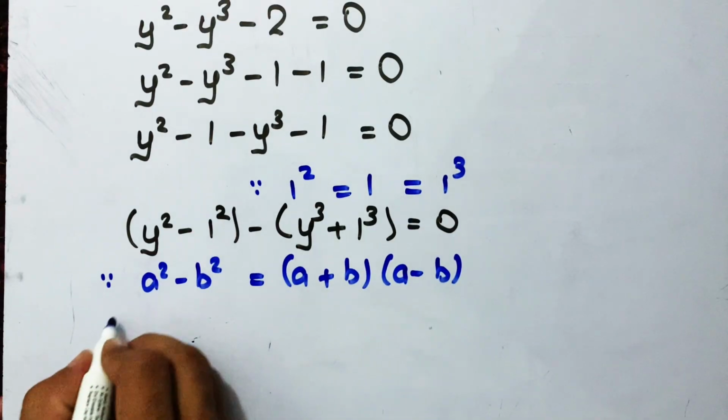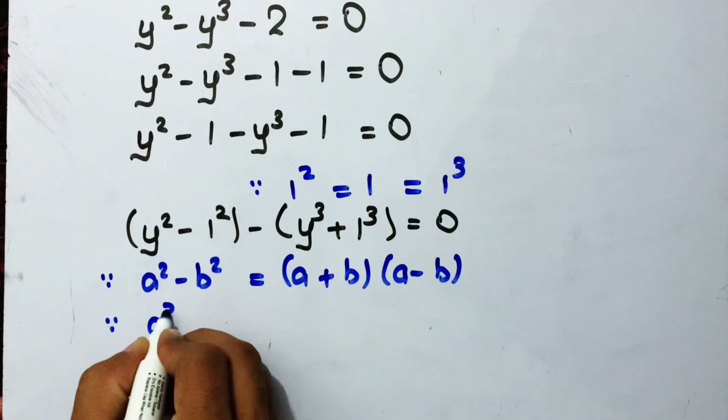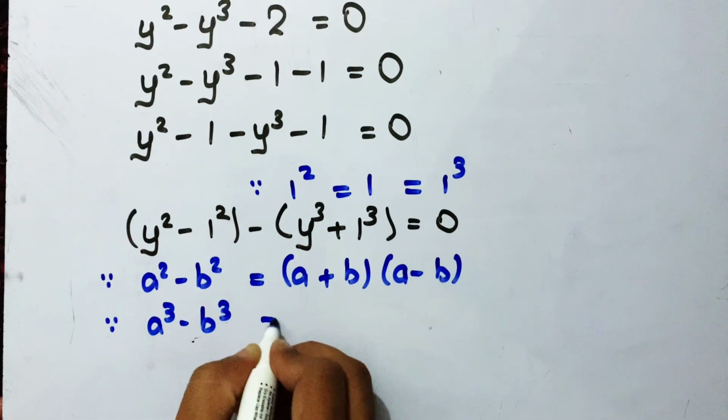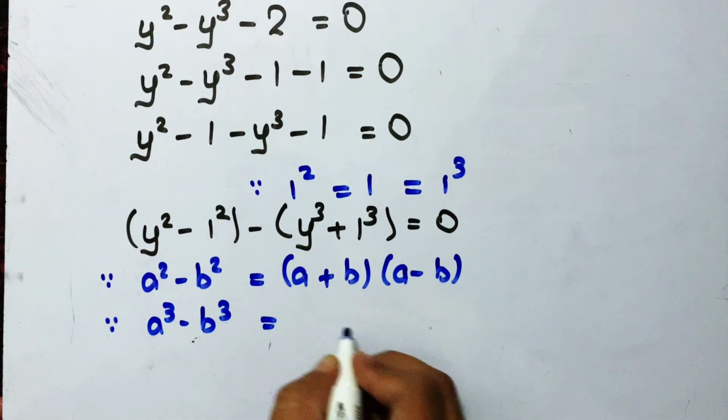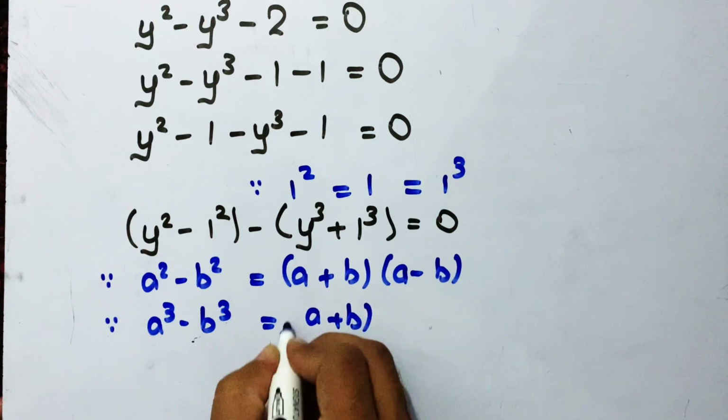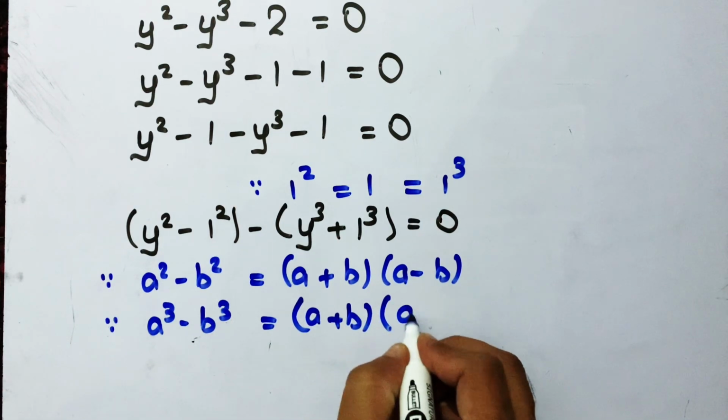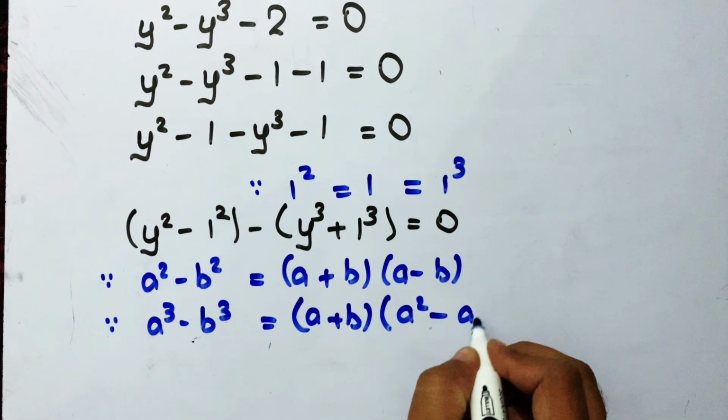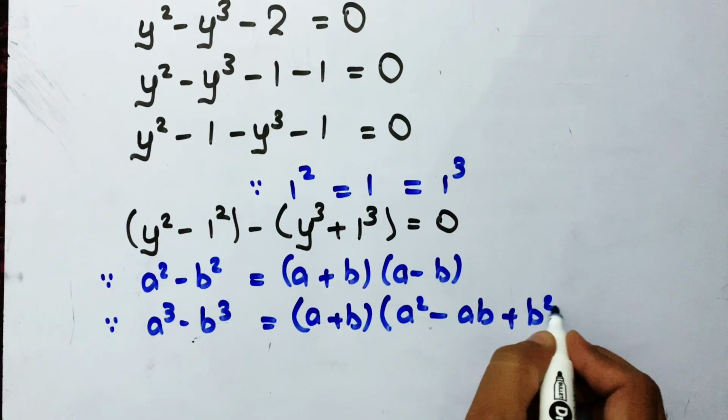So now using a formula, a square minus b square is equal to a plus b into a minus b, and another formula, a cube minus b cube is equal to a minus b into a square plus ab plus b square.